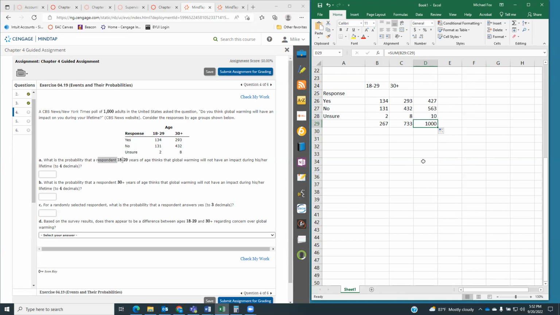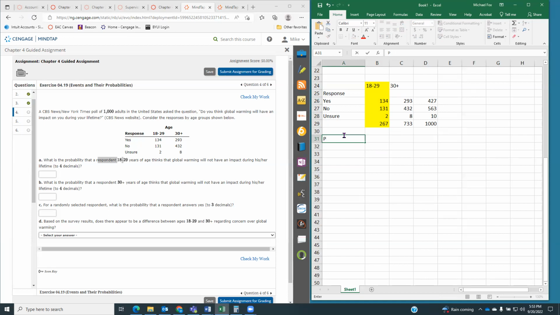Okay, so the probability that a respondent 18 to 29 years old thinks global warming will not have an impact. So we're going to first limit our data set in this case to people that are 18 to 29 years old.